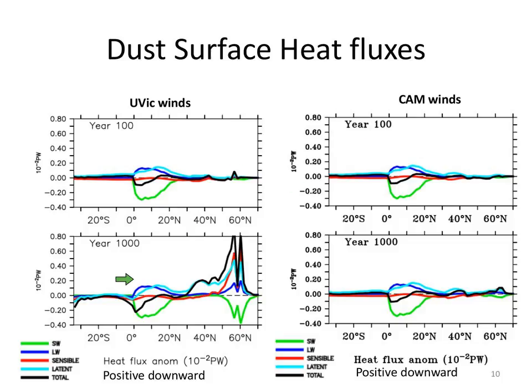And in the last 100 years of the simulation, we have in the UVic winds a lot of changes in the Northern Hemisphere, including shortwave decrease compensated by latent and sensible heat, whereas in the CAM winds there is almost no change.